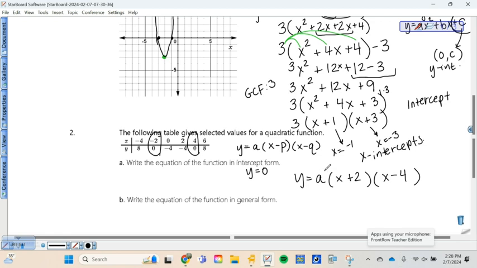And do you remember how we figure out what a is? How do we figure out a? Anybody? We have a whole bunch of values right here, right? They're all x and y.